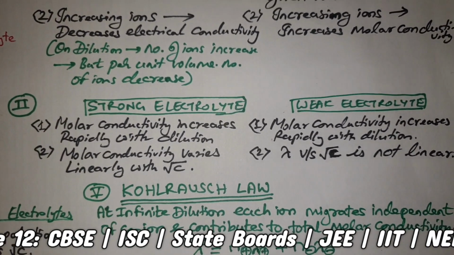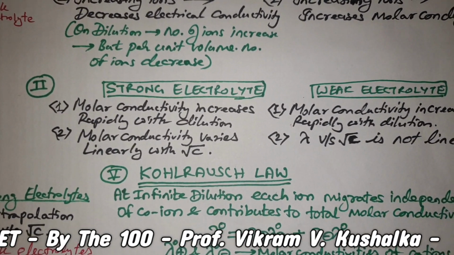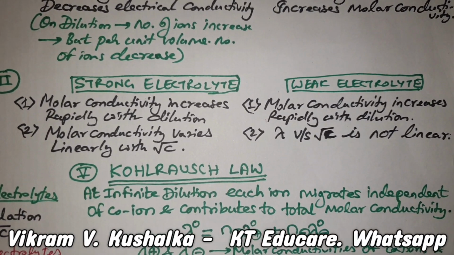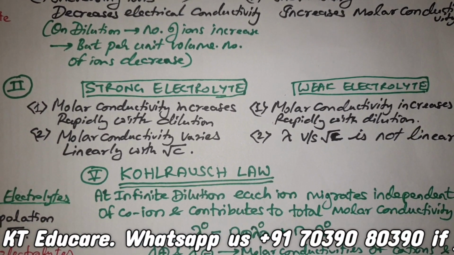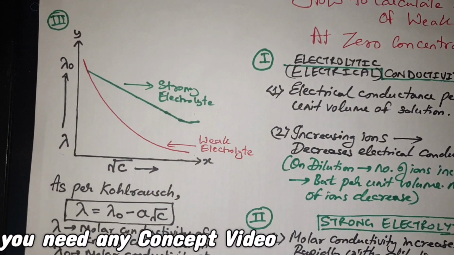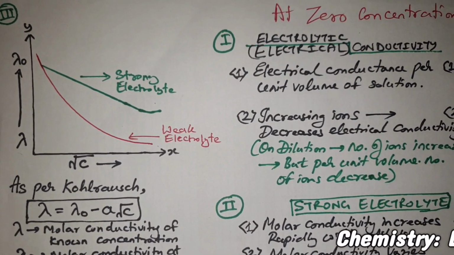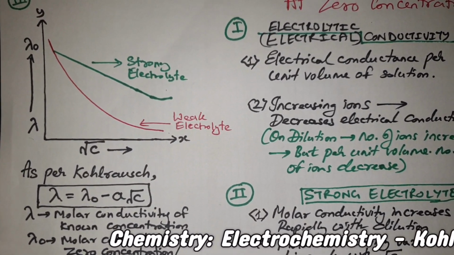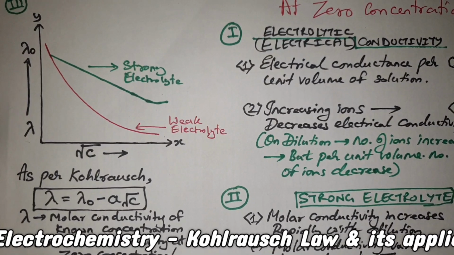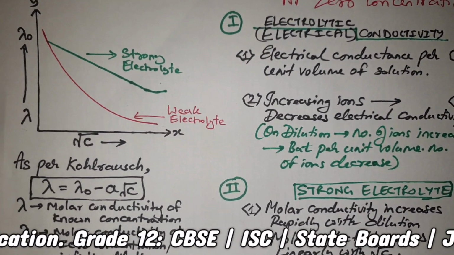If you look at a strong electrolyte, the molar conductivity increases rapidly with dilution, and for a weak electrolyte also, the molar conductivity increases rapidly with dilution. But molar conductivity, as you can see from the graph, varies linearly for a strong electrolyte. So in case of a strong electrolyte, if I want to find out molar conductivity, I can just extrapolate this particular linear graph, isn't it?